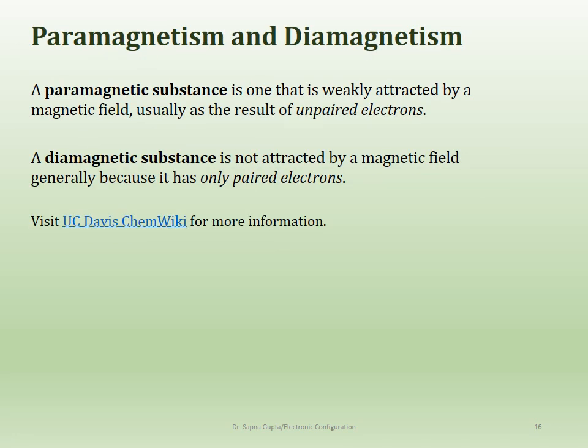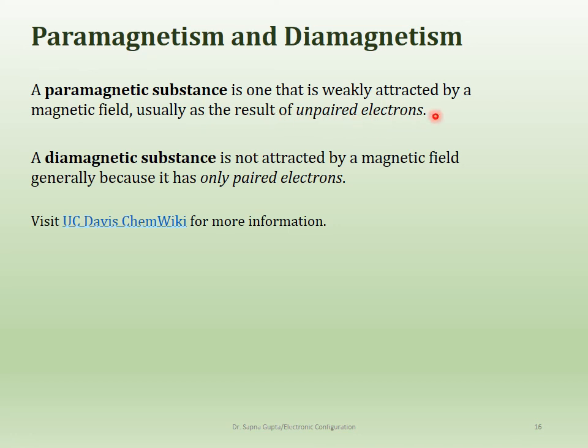The last concept to talk about in this section is paramagnetism and diamagnetism. Paramagnetism and diamagnetism come from the fact that electrons have magnetic spin, as we talked about. Magnetic spin was how we paired up electrons. Remember, we were filling electrons singly first and then pairing them up in boxes. Paramagnetism comes from the fact that electrons are unpaired.